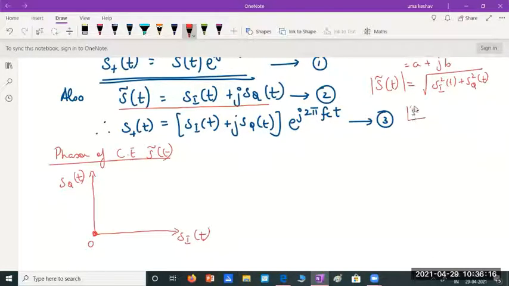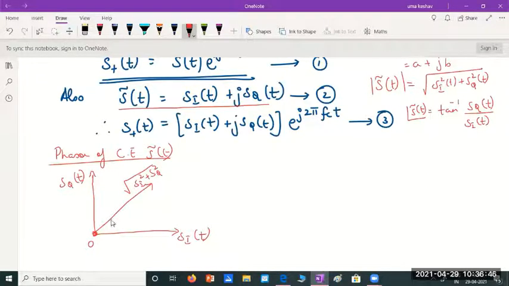It is tan inverse of the quadrature component by the in-phase component. So the resultant is a new phasor whose length is the root of s_I square plus s_Q square. I have just left out t; it is understood.